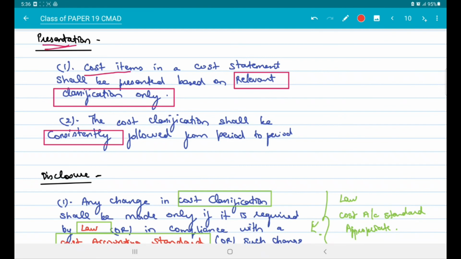So here we end up with our CAS-01, fully theoretical only. Next topic will be CAS-2, which will not only be theory but also we are going to see practical problems in CAS-02. Thank you so much.